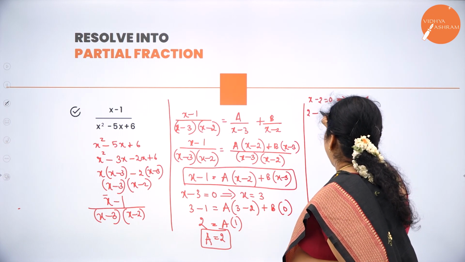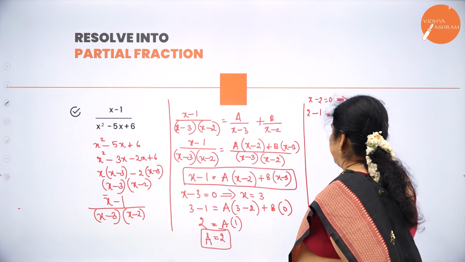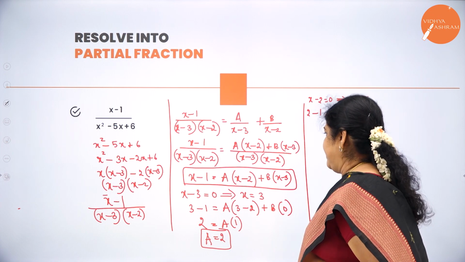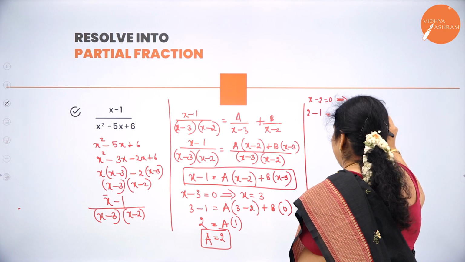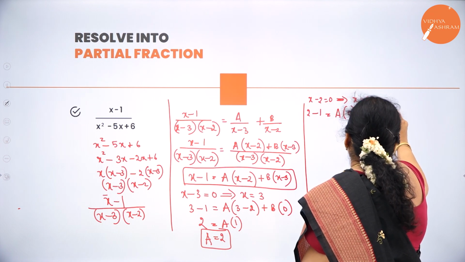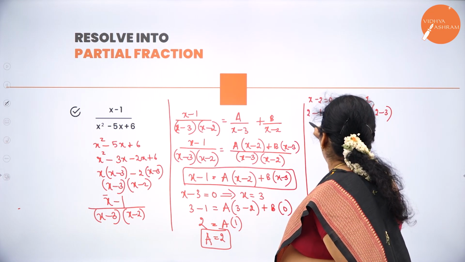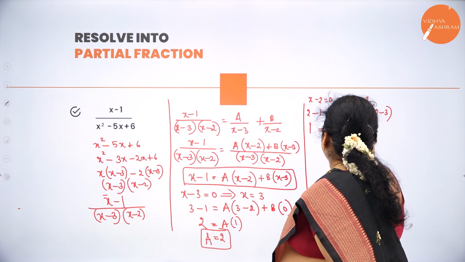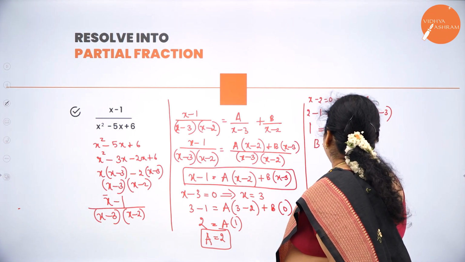So you have 2 minus 1 equals A into x minus 2, which is taken as 0, so this becomes 0, plus B into 2 minus 3. So this becomes 1 is equal to minus 1 into B. So the value of B is minus 1.